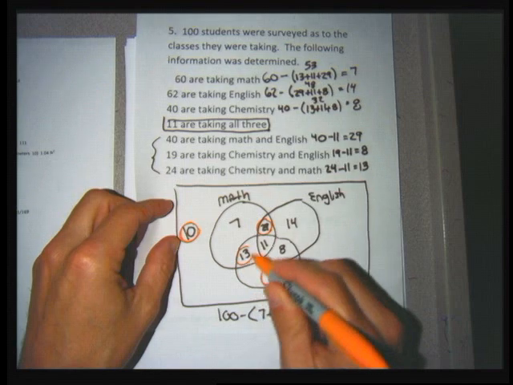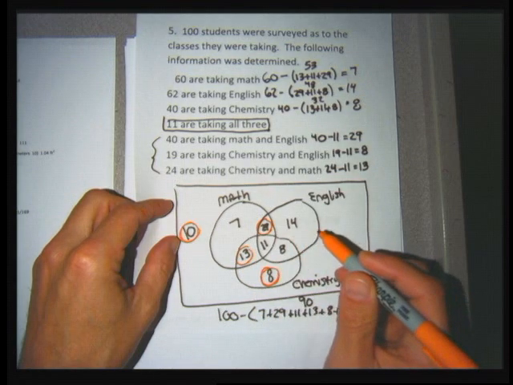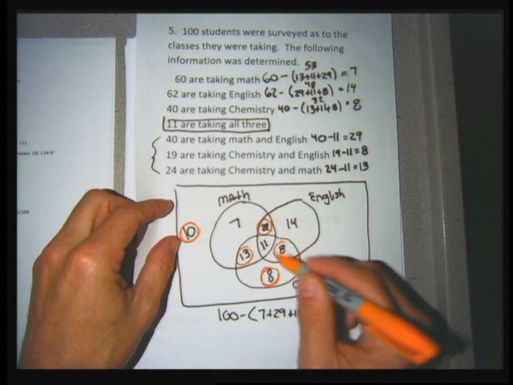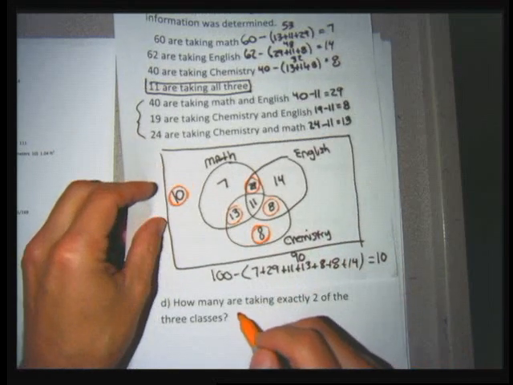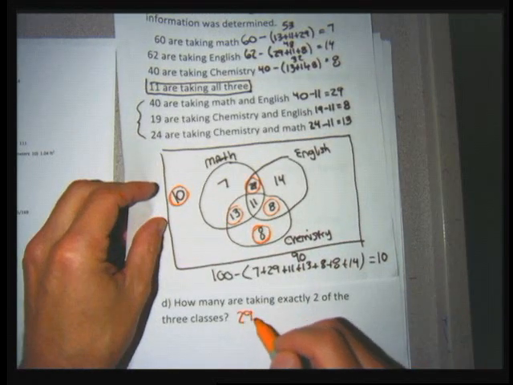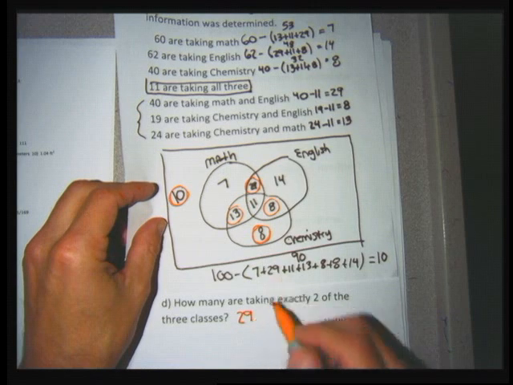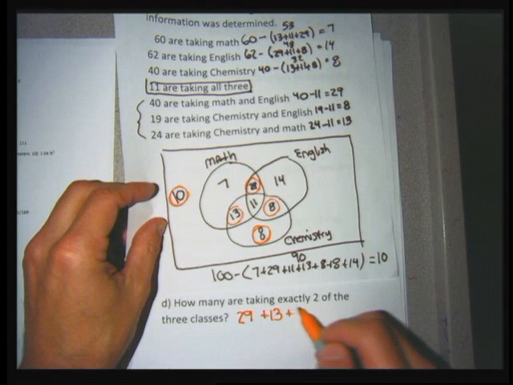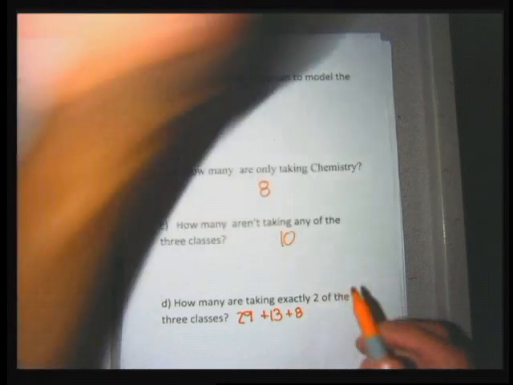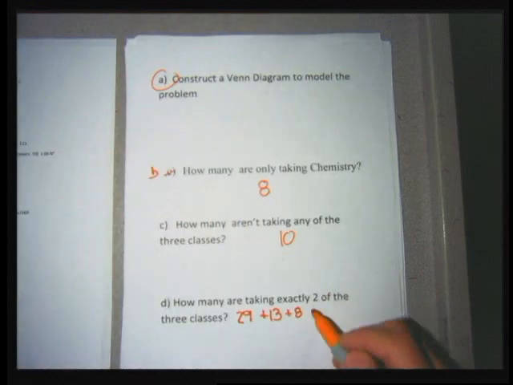These 13 that are taking exactly 2 classes, math and chemistry. And those 8 that are taking English and chemistry. So for part D, I need to add the 29 that are taking only math and English but not chemistry, the 13 that are taking math and chemistry but not English, and the 8 that are taking English and chemistry but not math. And when I add those up, I get 50.